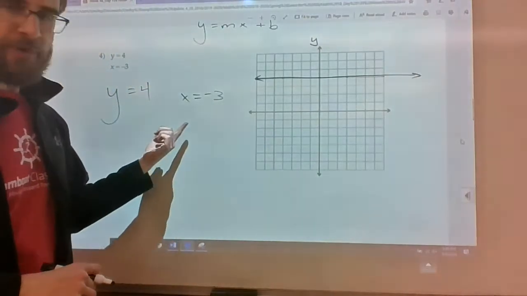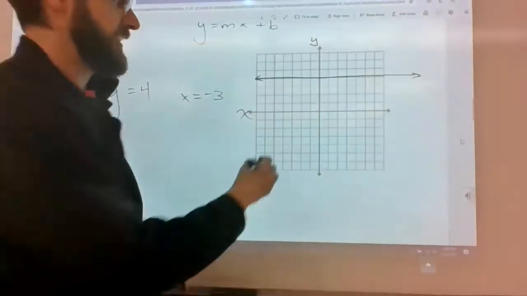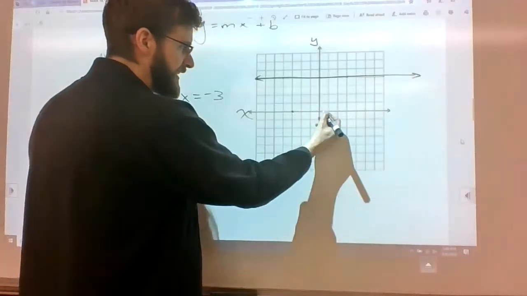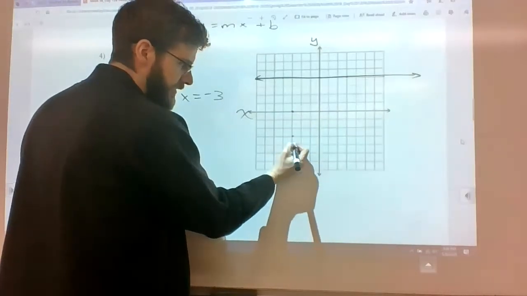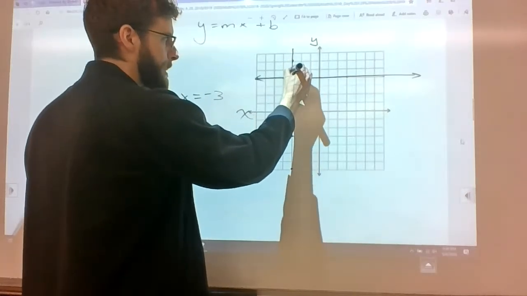Now, x equals negative 3 means it's going to cross the x-axis 3 units left of the origin, which means the x value is negative 3 here, and there, and everywhere.